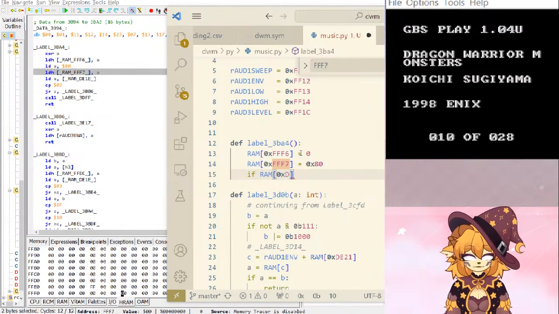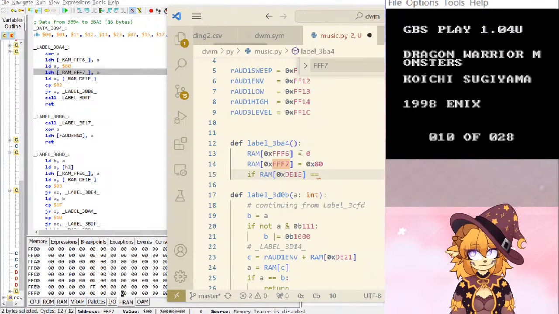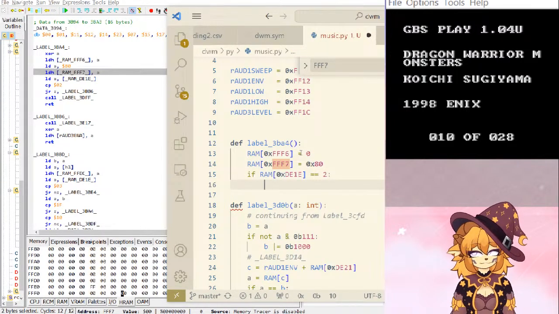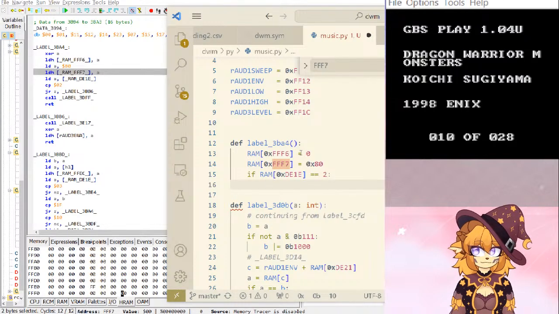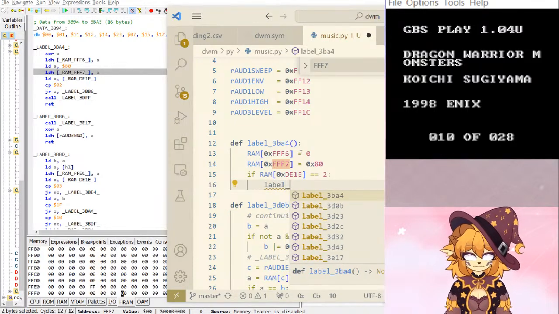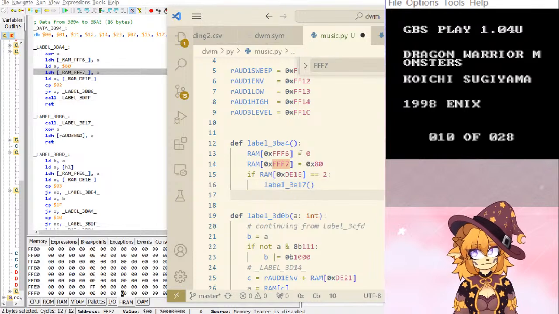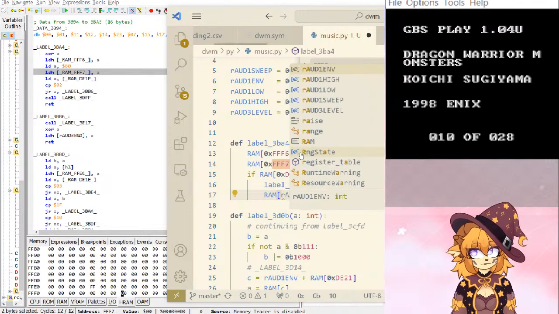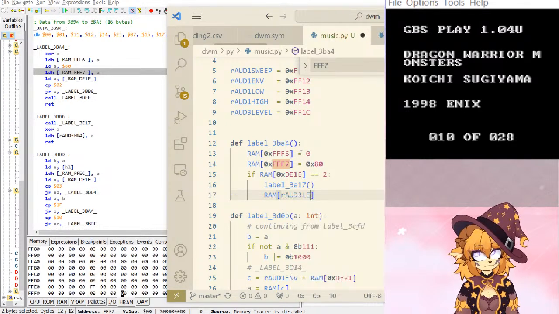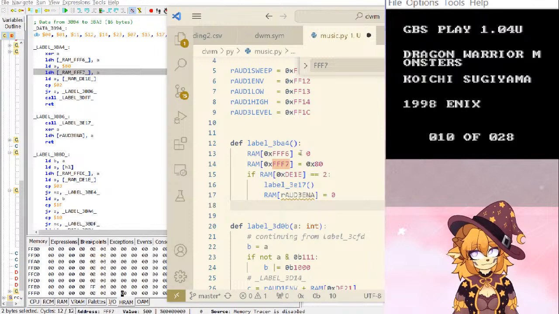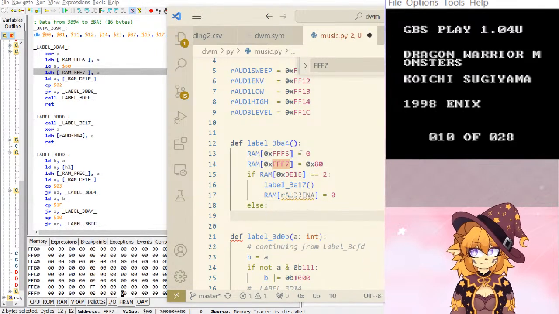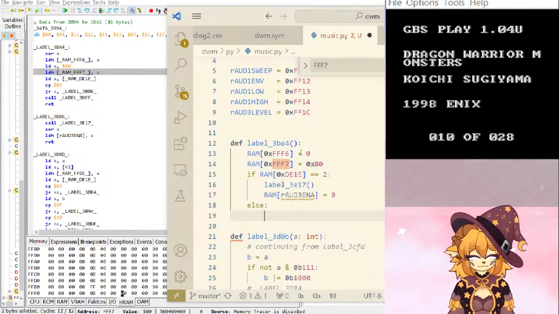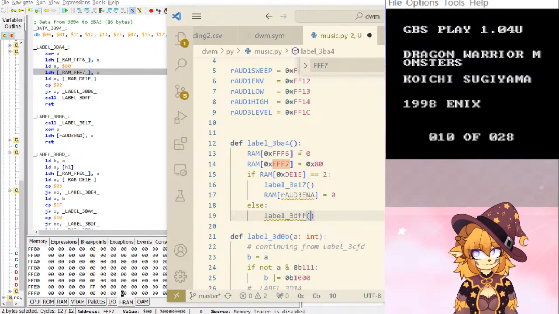Let's see. E1E. 2. We have a 3E17. And whatever that is to 0. Else we do label 3DFF and that's it.